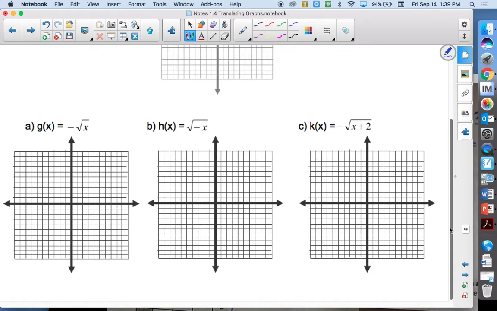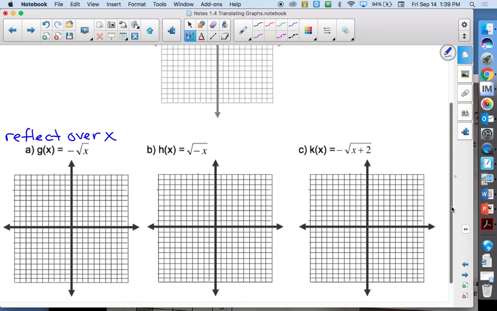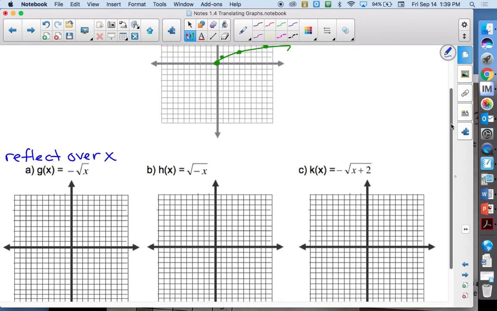Okay, so the result of the square root of x. So she said we're reflecting over the x-axis because your result, which is the y, is what's becoming negative. So our original graph was above the x-axis. Now it's below the x-axis because the result is becoming negative.